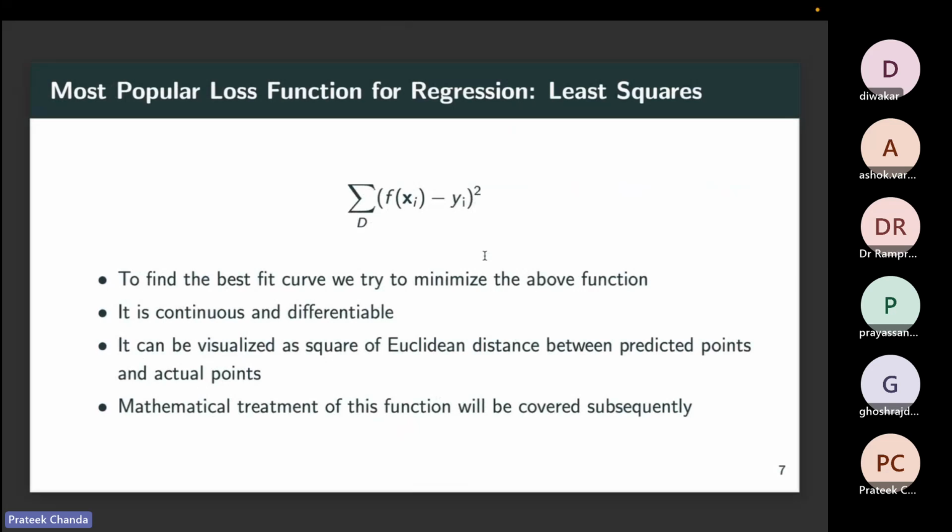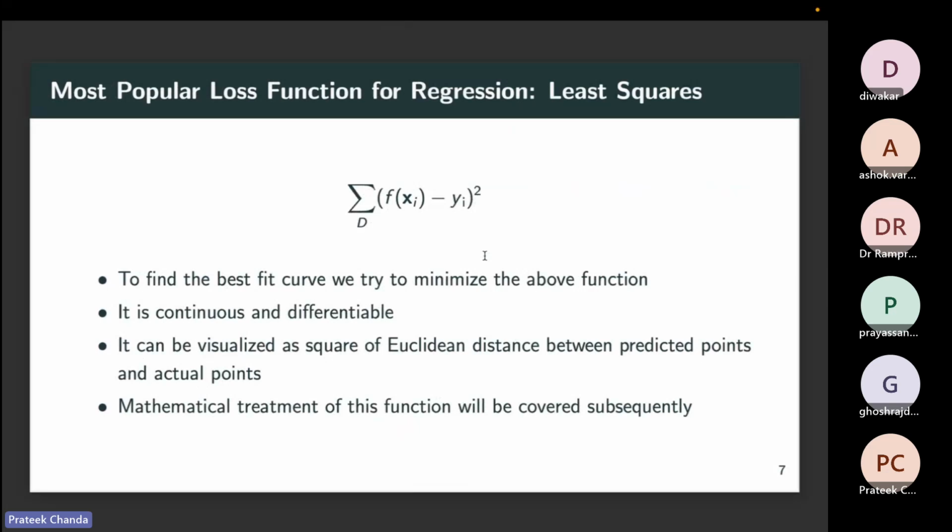We are not discussing it here, but if you already know about neural networks, there's this concept of backpropagation, where by chain rule you want to differentiate the loss with respect to the model parameters. For that reason, the loss should be differentiable. That is one of the reasons this is a popular loss function, because it satisfies all the properties.